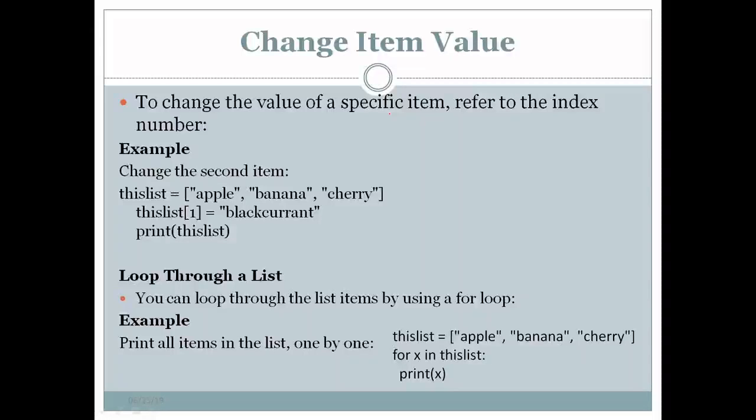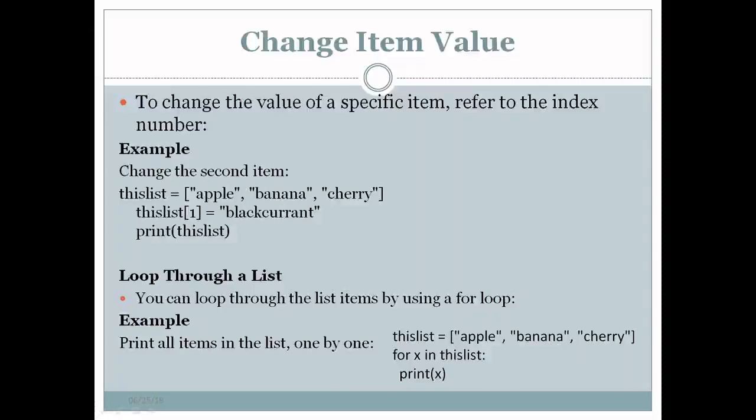But we can change the individual elements from the list because list is mutable, that simply means list is changeable, whereas tuple and strings are immutable. We cannot make changes to the elements of tuple and strings.